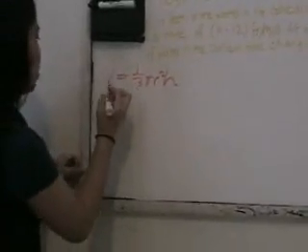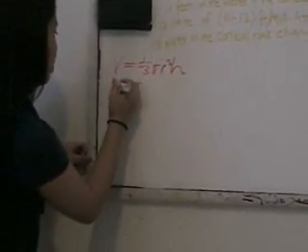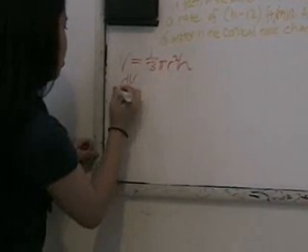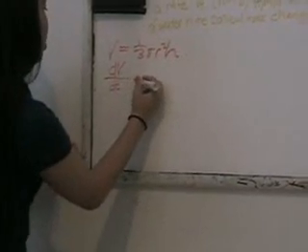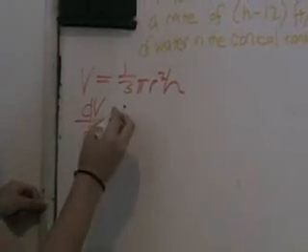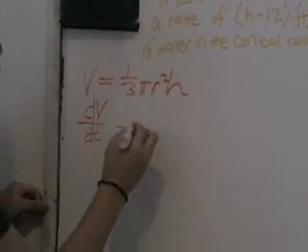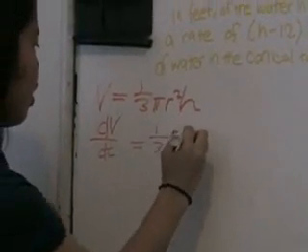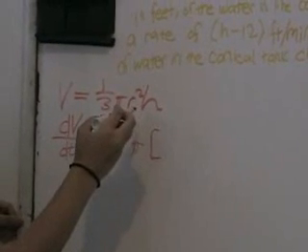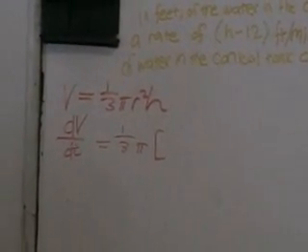So the derivative of V is the rate of change of volume with respect to time. And so 1/3 pi is a constant, so we're going to isolate that over here. And now we have radius and height, which are two variables.